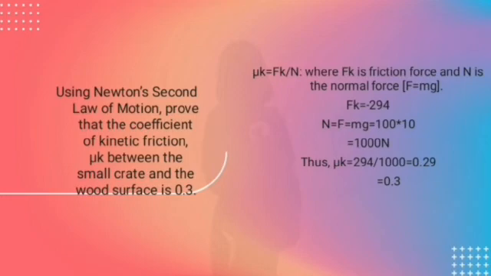So we use the formula F equals mg to find the normal force, and the Fk is 294. Thus, to find the coefficient of kinetic friction, we use the formula 294 over 1000, which is equal to 0.3. So the coefficient of kinetic friction is proved.